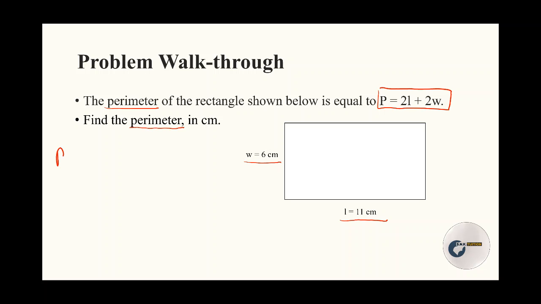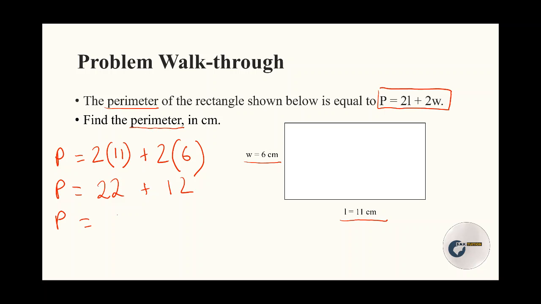So now what we have to do is replace. So 2L is equal to 11, so I write 2 multiplied by 11 plus 2 multiplied by W, which is equal to 6. Our last step is to calculate. Well, 2 multiplied by 11 is 22 plus 12. P is equal to 34.